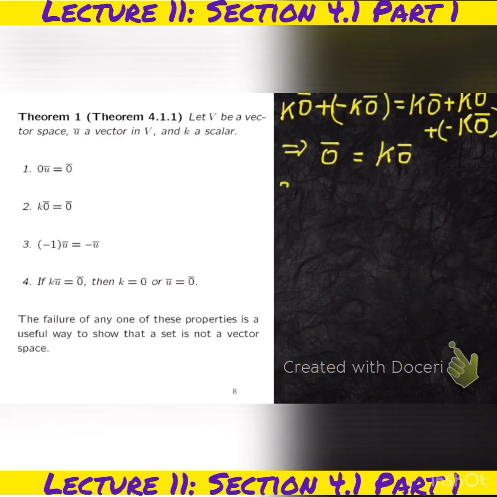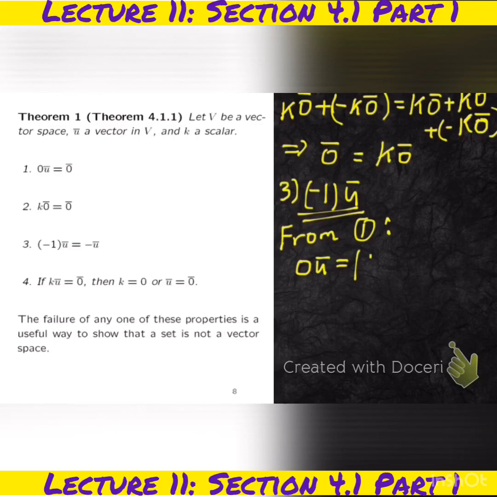All right, if you look at 3, 3 is very similar. If you look at -1 times the vector u, from 1 you have that the 0 vector, you can write that as 1 plus -1 times u. And 0 times u is the 0 vector.